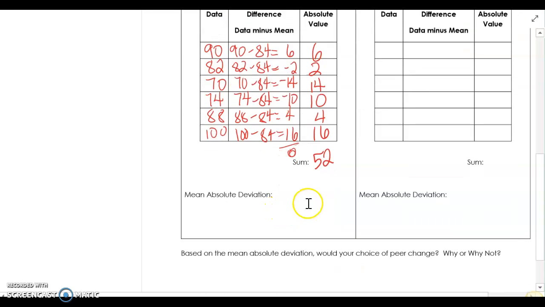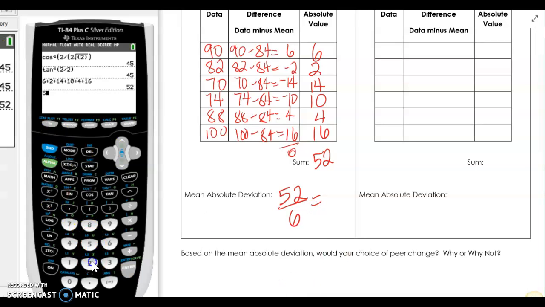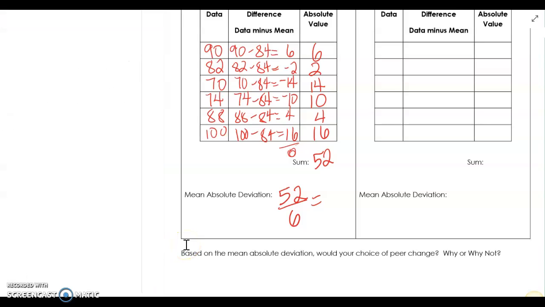To find the mean absolute deviation, I'm just finding the mean of the absolute values. So 52 divided by 6, and I get 8.6 repeating. I'm just going to round it to the nearest tenth, 8.7.